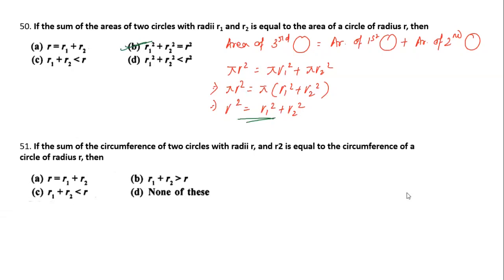And the question number 52 is a similar question, just like 51, similar to 50. In 50, the area of the circle was given; here it is the circumference of the circle.